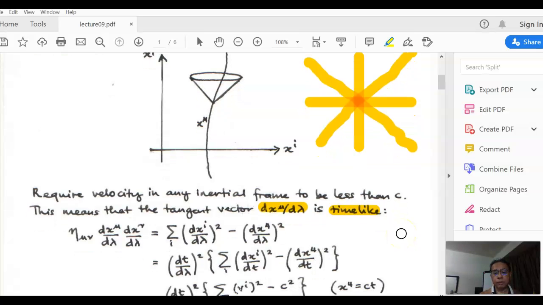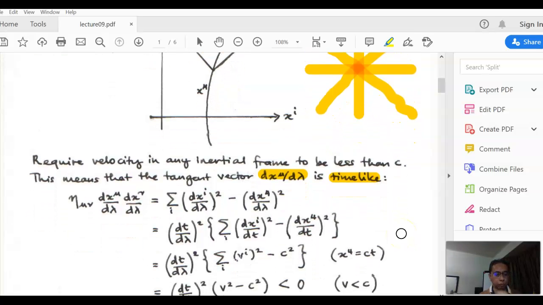Now, one of the properties of time-like vectors is that when you do an inner product using the metric tensor, the answer should be a negative number. For photons, we know that it's going to be 0. So let's see what it is. We simply expand the dummy indices, which run from 1 to 4.